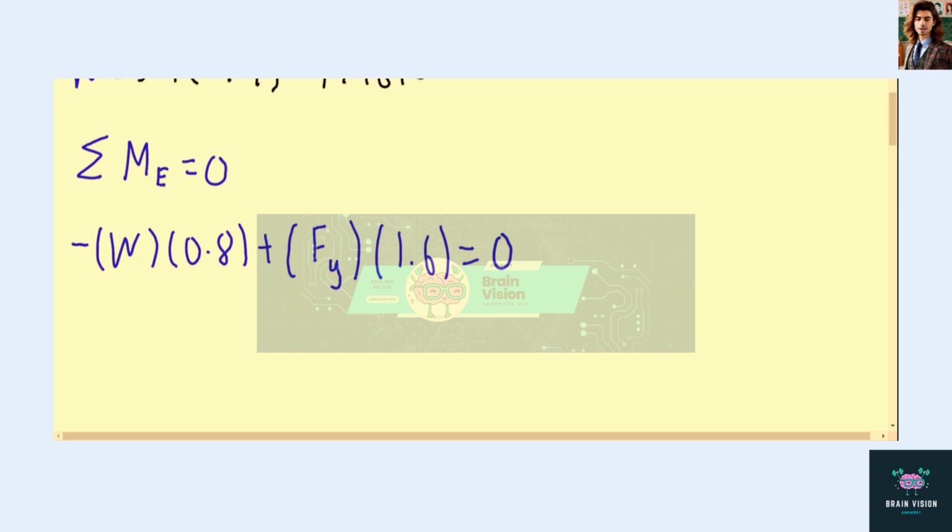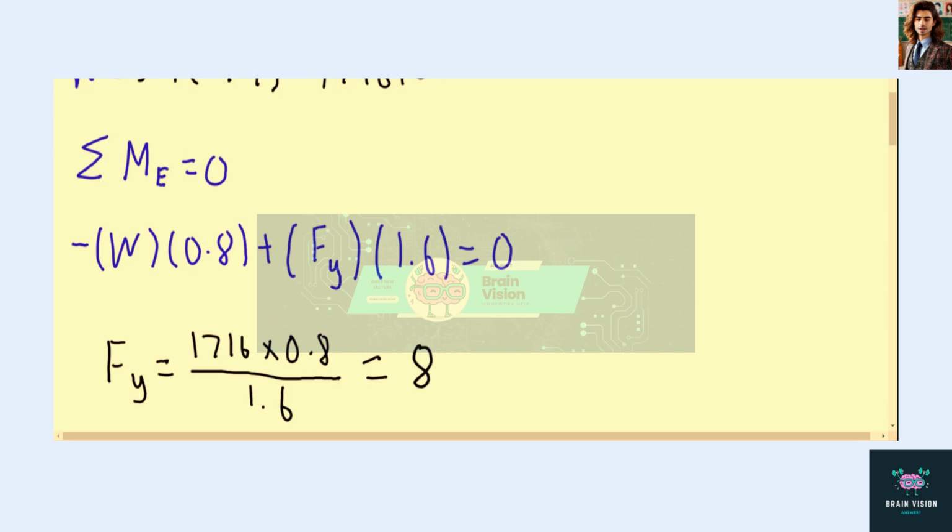Solving for F of Y and plugging in W, we get F of Y is equal to 16 times 0.8 divided by 1.6, and this will give us a force of 858 pounds.